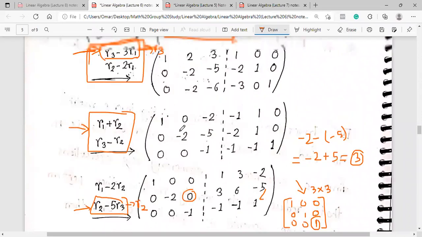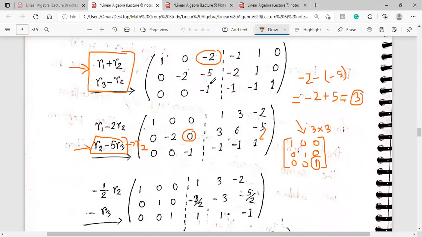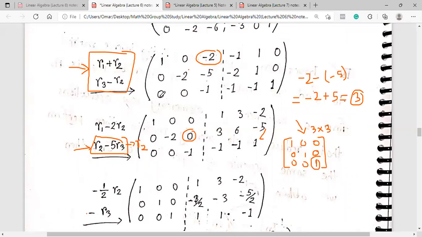Okay, so look here. We have -2 here, right? And we have -1 here. So R1 minus 2 into R3. I think here it will be R3.